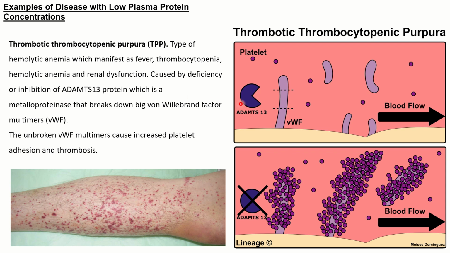We see that this ADAMTS13 works to break down big Von Willebrand factors, right? So when it's absent, we see that the amount of platelets which are bound to Von Willebrand factors increases, right? And this leads to thrombosis, and this will lead to a low platelet concentration within the blood, since most of them will be bound to Von Willebrand factors, right?